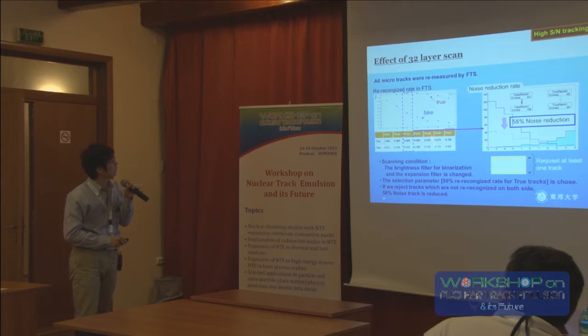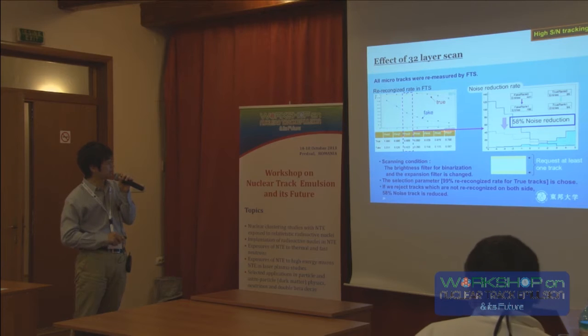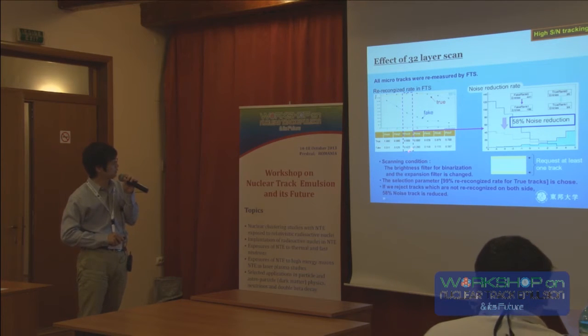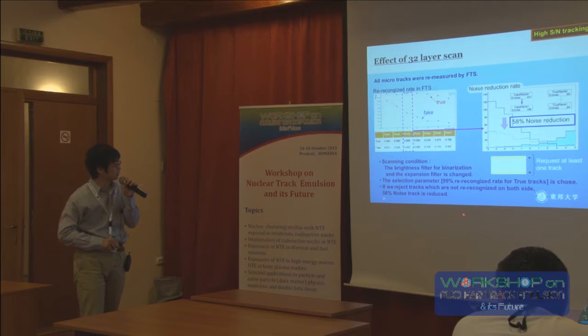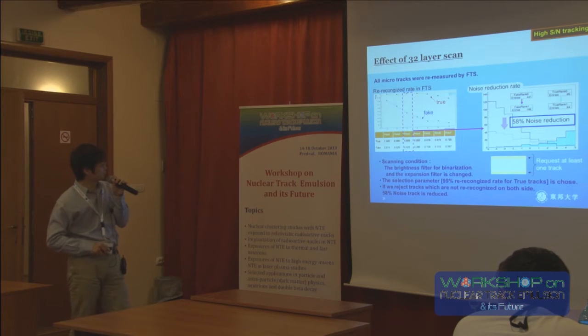So, the effect of a 32-layer scan. The scanning condition, the brightness filter for binarization and the expansion filter are changed. We investigate the recognized rate of true track and fake track. This time, we select the 99% recognized rate for true track.